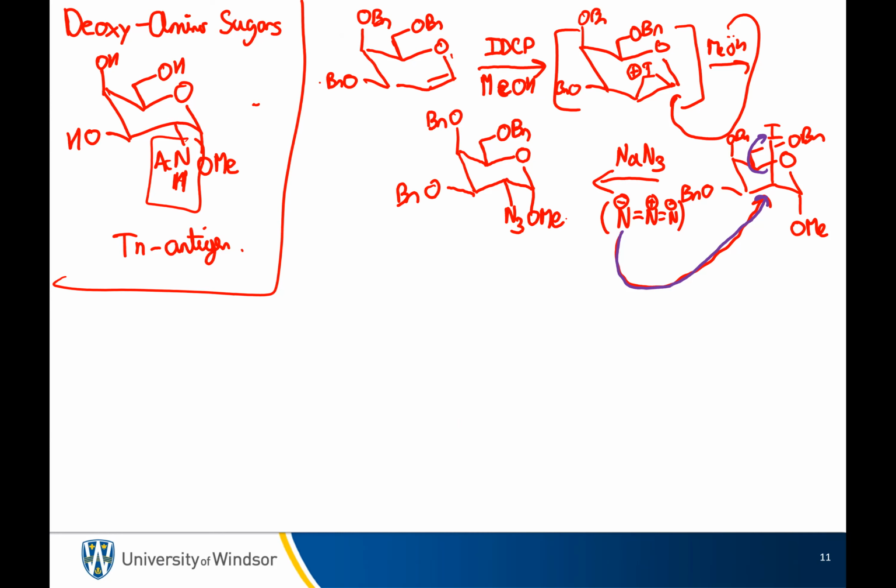Regardless, you can displace the iodide with an azide. That's cool. We got a nitrogen, but the azide's not an NAc or an amine. And so what we can do with this is a few different things. The easiest is hydrogen and palladium on carbon.